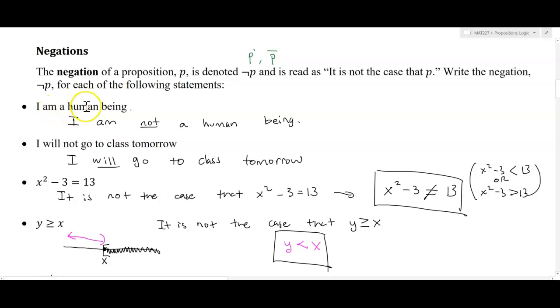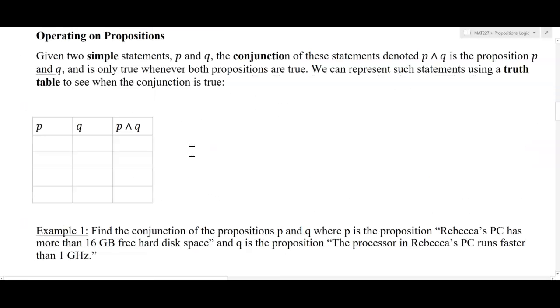But if I said, "I am a human being and I will not go to class tomorrow," that is not a simple statement because the "and" is a conjunction. It conjoins those two statements together. So we want things to be simple statements because they're far easier to analyze.